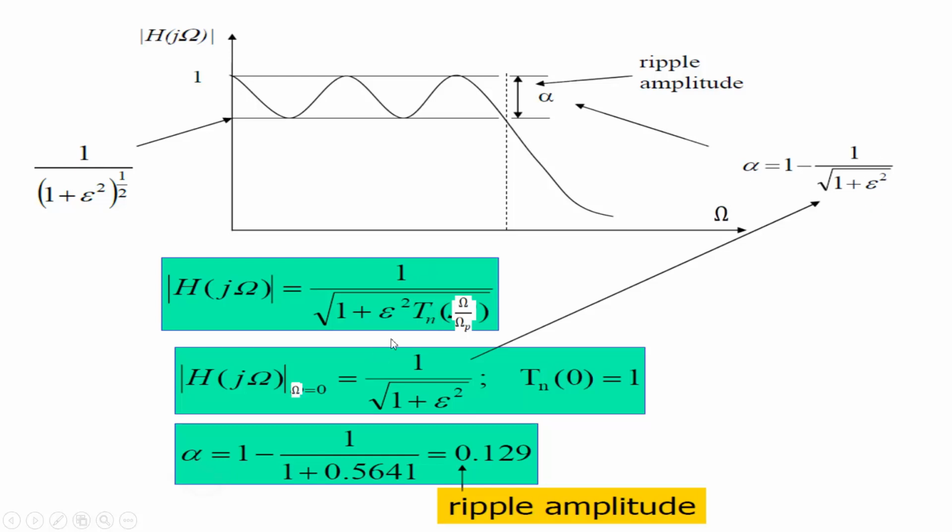Epsilon we have calculated, and T_N(0) is 1, because at zero frequency it is 1 here. So we can determine alpha also. Alpha is 0.129, which is the ripple amplitude.